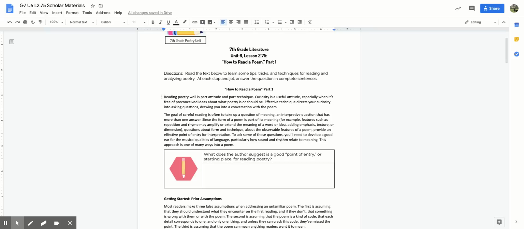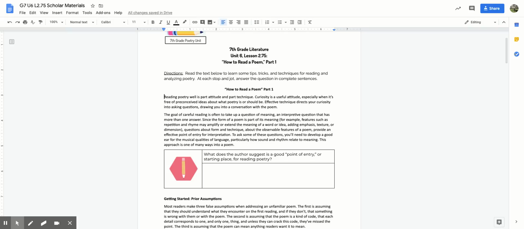Reading poetry well is part attitude and part technique. Curiosity is a useful attitude, especially when it's free of preconceived ideas about what poetry is or should be. Effective technique directs your curiosity into asking questions, drawing you into a conversation with the poem. The goal of careful reading is often to take up a question of meaning, an interpretive question that has more than one answer.